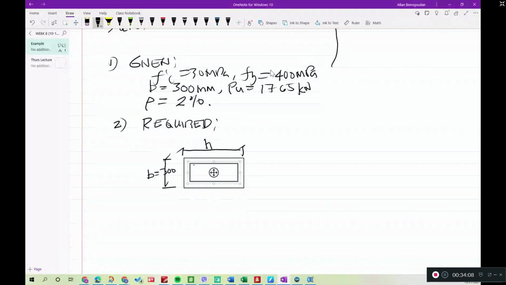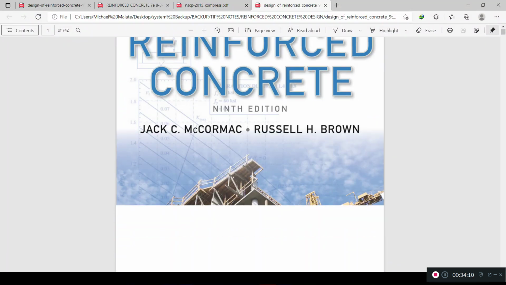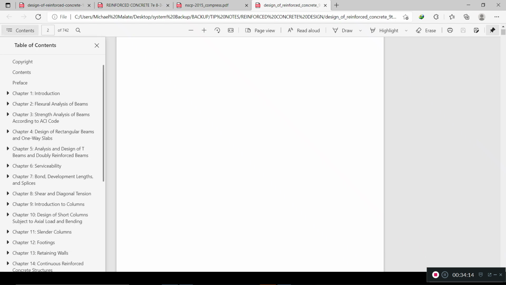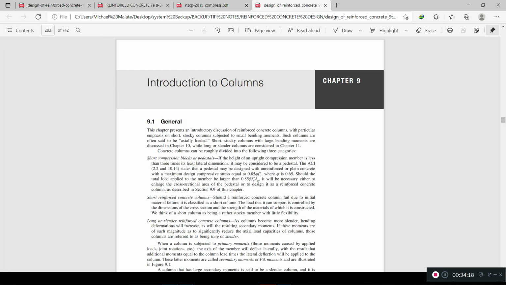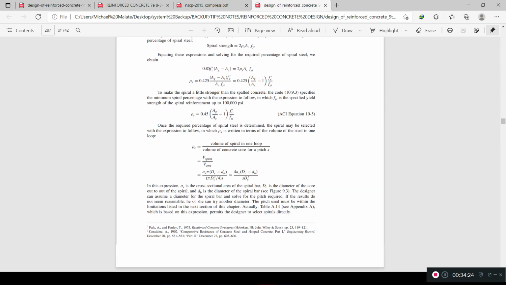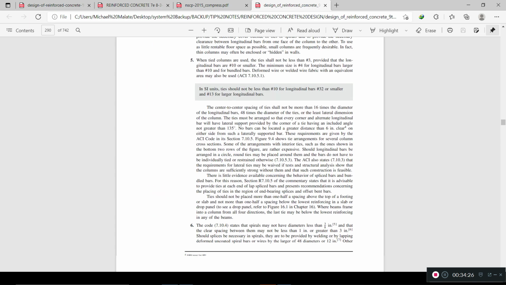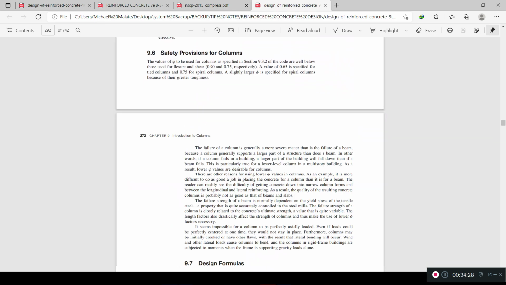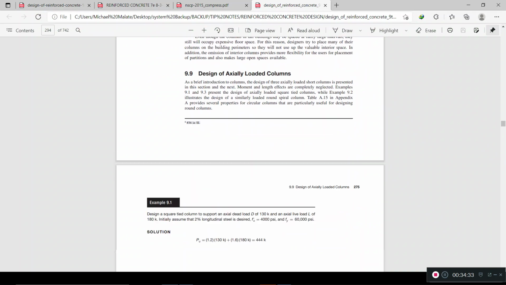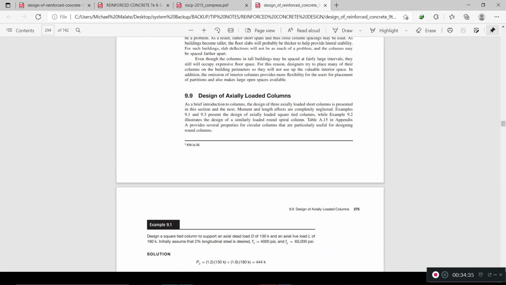So using number 3, what are we going to determine? We would like to get the Ag. Solve for the Ag.